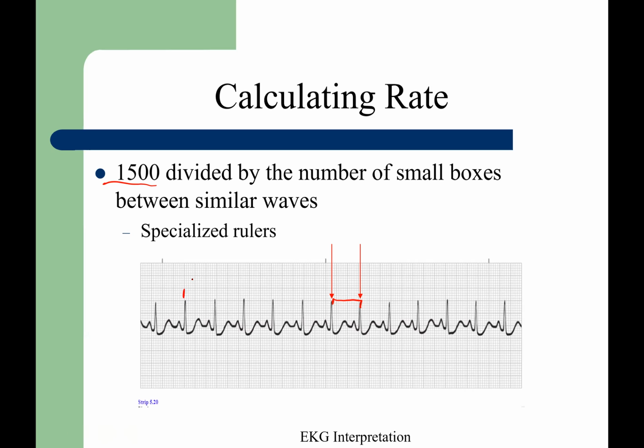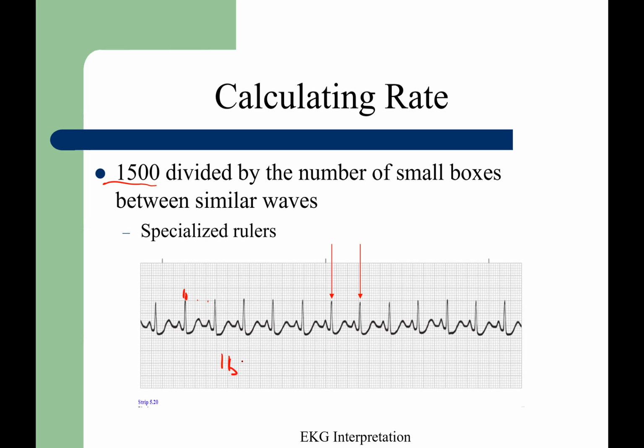This one's pretty close, even though I put the arrows here already. That's fine. So we got one box in, so we got 5, 10, 11, 12, about 13 boxes. I think that's about right. Now I'm going to get my calculator and put in 1500 divided by 13, and I get 115 beats per minute.